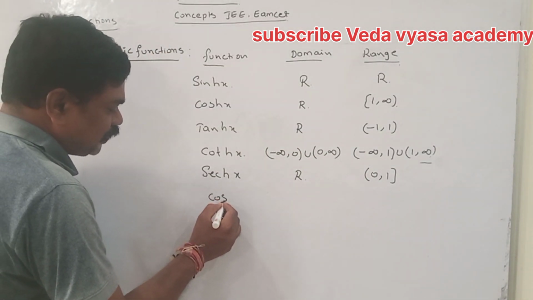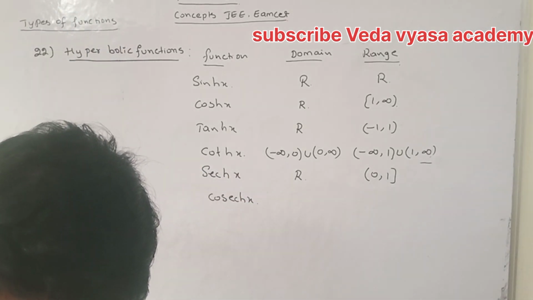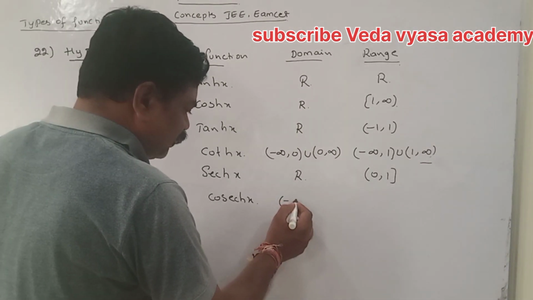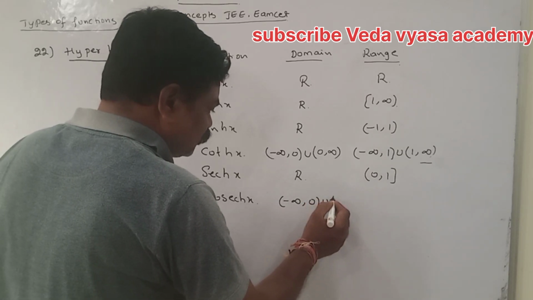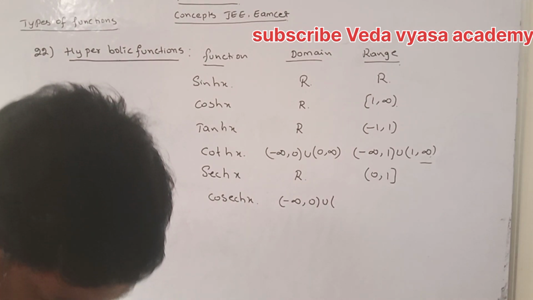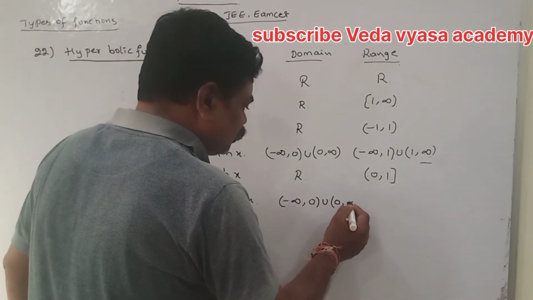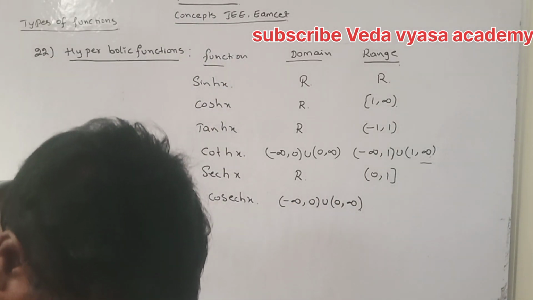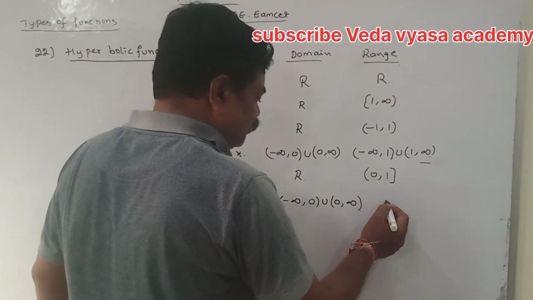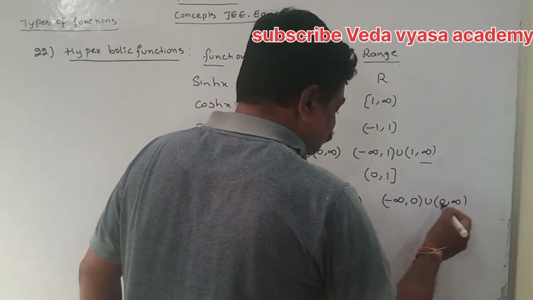Cosecant hyperbolic function: domain is minus infinity to 0 union 0 to infinity, and the range is minus infinity to 0 union 0 to infinity.